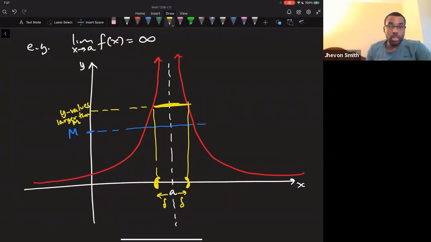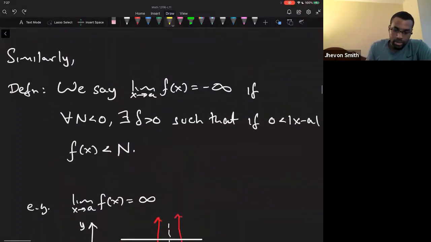And you'll always be able to do this. If someone were to pick an m up here, I can still get closer to a so that the y value is bigger. You'll always be able to get close enough to a to get bigger than any number they come up with. So that's what this definition means.